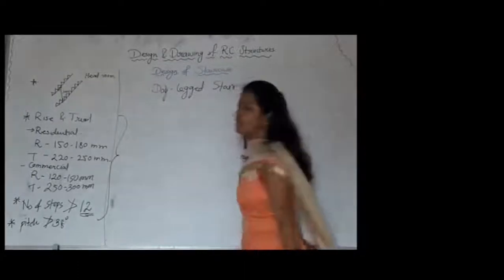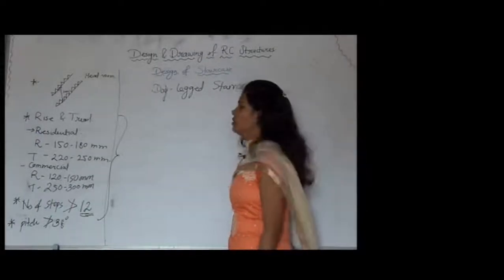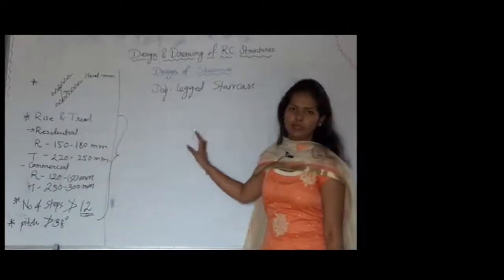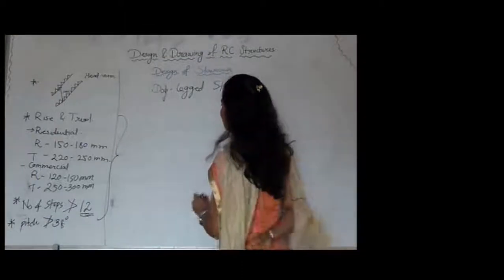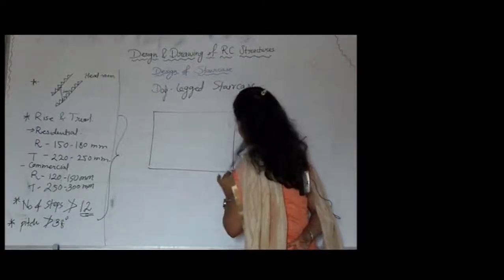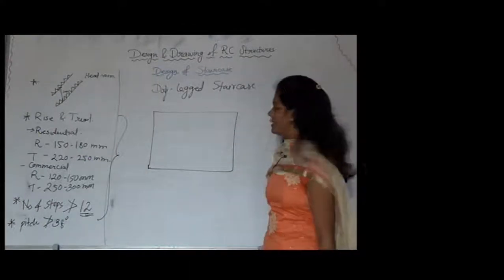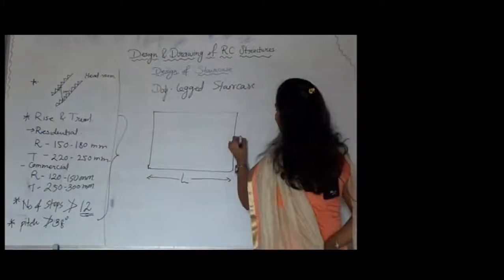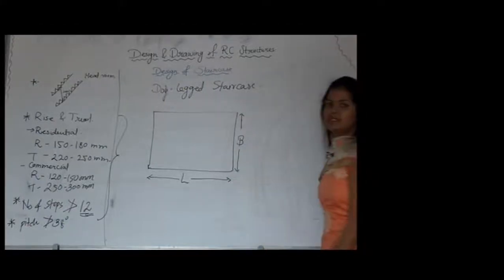Now, we will quickly see how to design a dogleg staircase. The points or bylaws which we have studied, we are going to implement in the design part also. When we want to provide a dogleg staircase in a structure, the initial data which we will have is the staircase room size, that means the length and width in which we can provide a staircase.